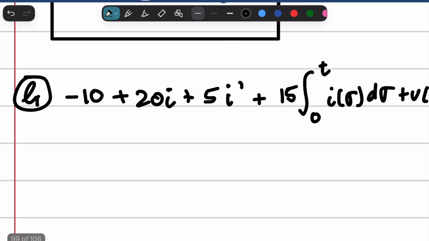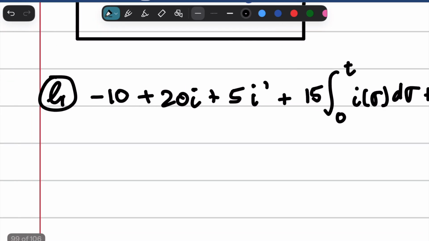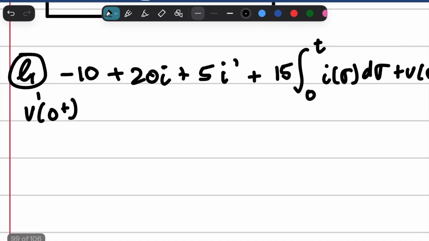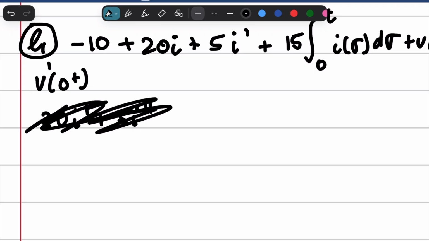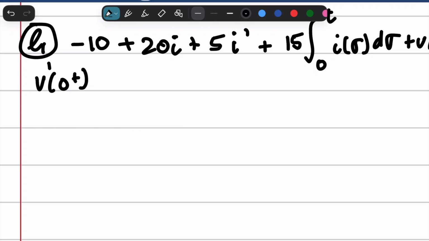And we are going to find V of 0 plus prime, V prime 0 plus, because we need to know what that is to answer a second order differential equation. So 20I prime plus 5I double prime. Oh wait, not yet. That's solving it. I'm getting ahead of myself. We have to plug everything in.